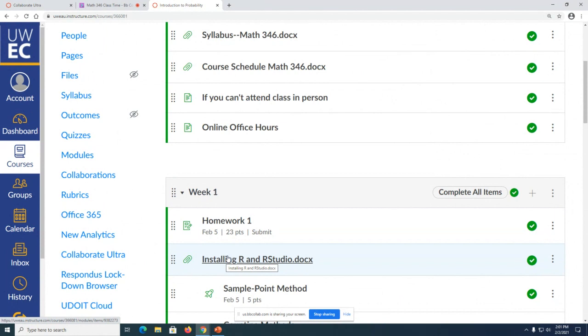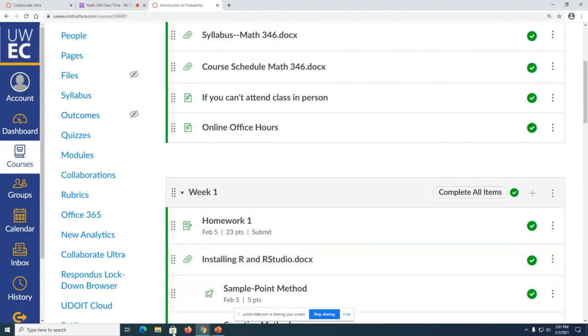So if you would, please install R and RStudio on your laptop if you don't have it already, and then bring your laptop to class on Thursday so that we can go through some examples of how to write code in R to help us verify or generate hypotheses about our solutions to some problems in probability. Sounds good?